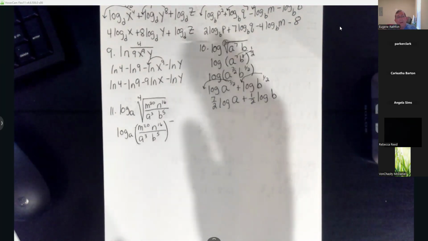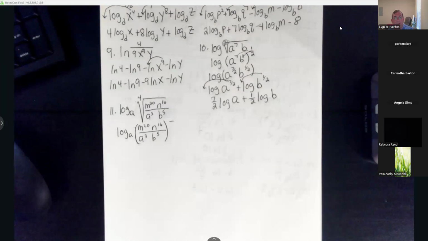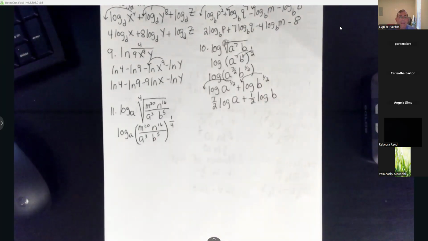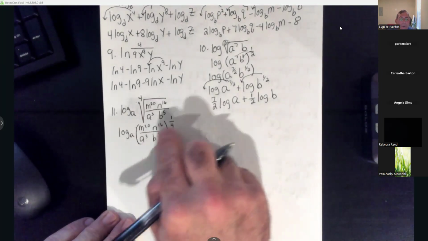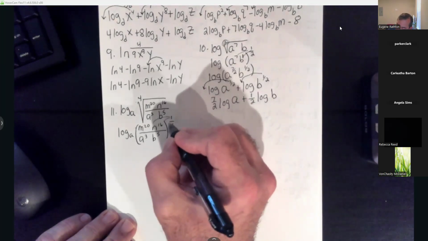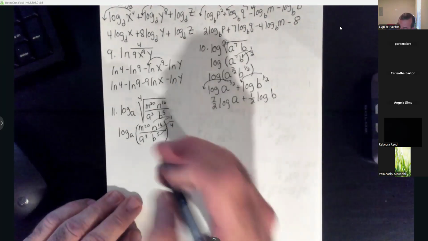Once we figure that exponent out, we'll start going through and distributing it, okay? So a fourth root would be written as what exponent? 1/4. 1/4. Good job. Now, since all this stuff was under the radical here, all these are affected by that 1/4. So basically, the exponents all need to be multiplied by 1/4.